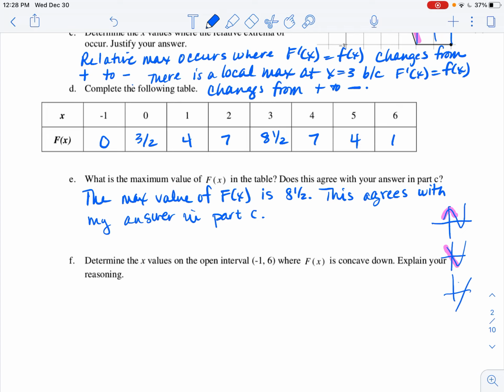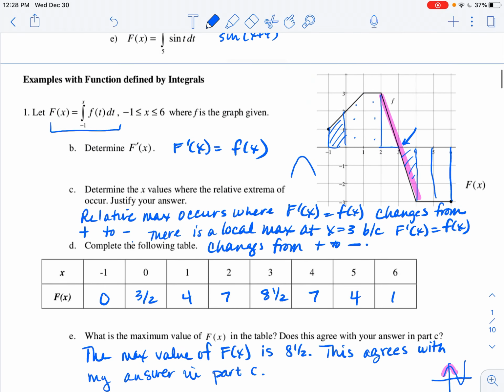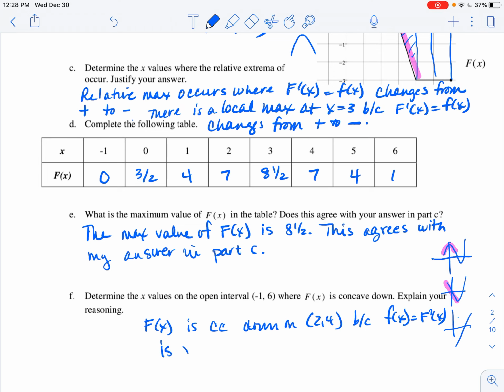So f of x is concave down on 2 to 4 because f of x, which equals f prime of x, is decreasing.